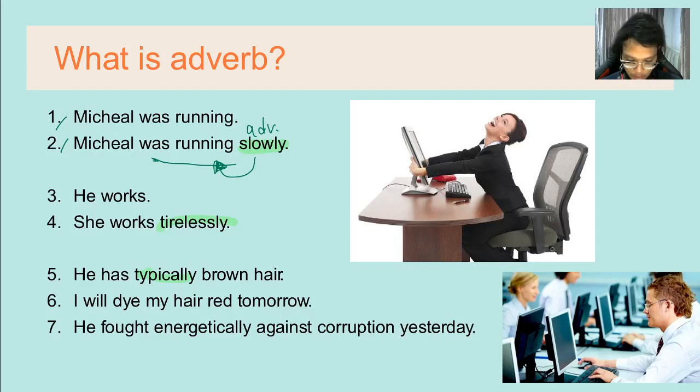If we look closely at this word, the word slow is an adjective. But whenever you want to use an adverb, you just add ly. Slowly, so that you will get an adverb instantly.